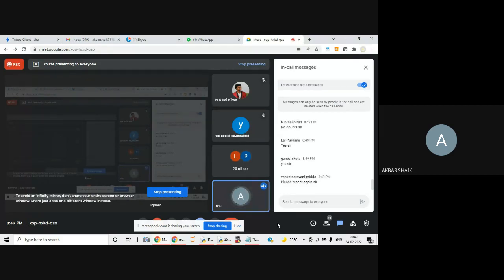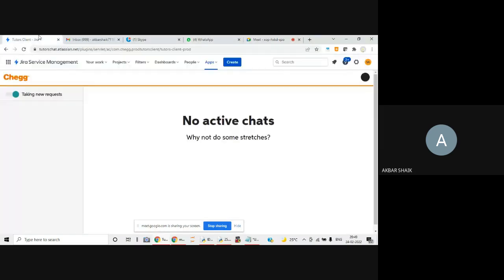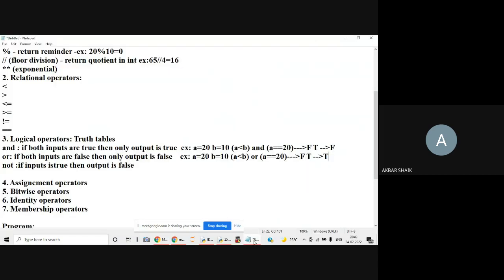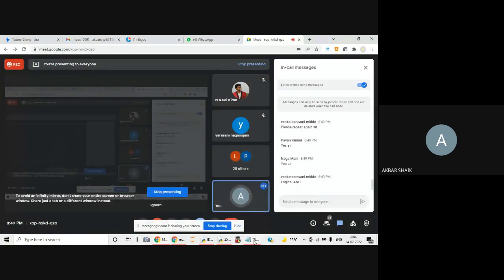First thing is we should know the truth table. All of you know what is meant by truth table for AND and OR? Please respond in the chat box. How many of you have heard about truth table? Okay, AND truth table and OR truth table. Here I have written the explanation also.